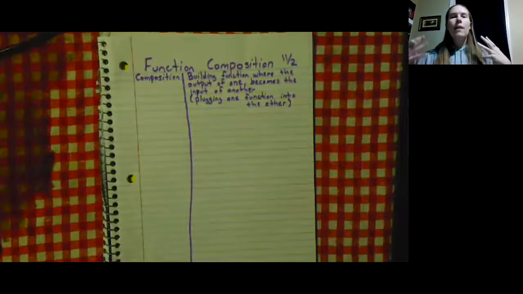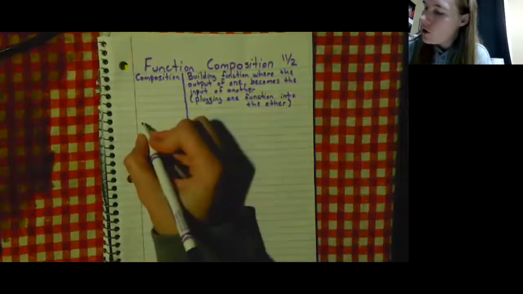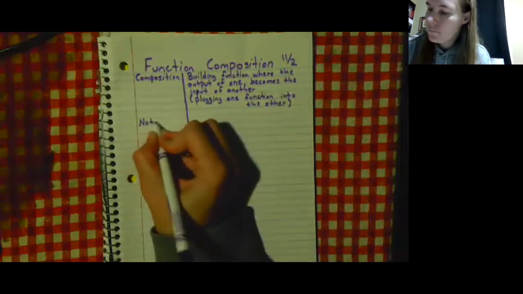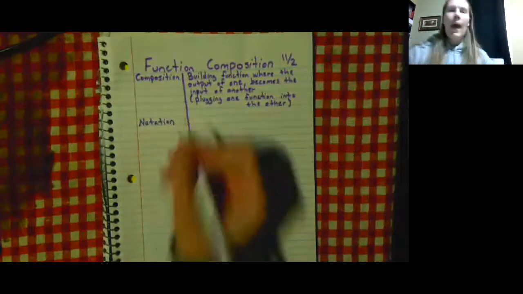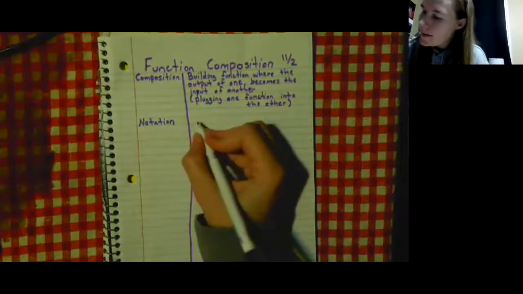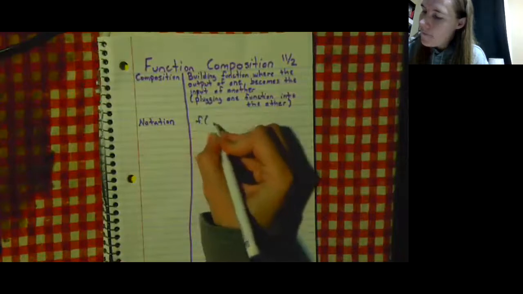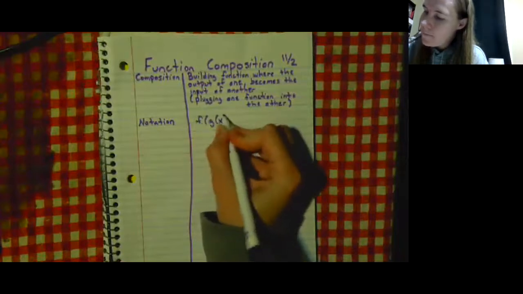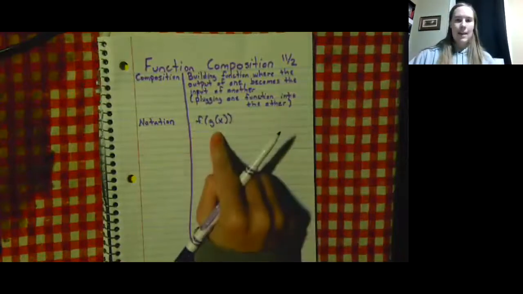The way you know if you're doing composition or not is you'll see certain notation. And just like when we're adding, subtracting, things like that, we have two different things that mean the same for the composition notation as well. So what you first might see is f of g of x like this.